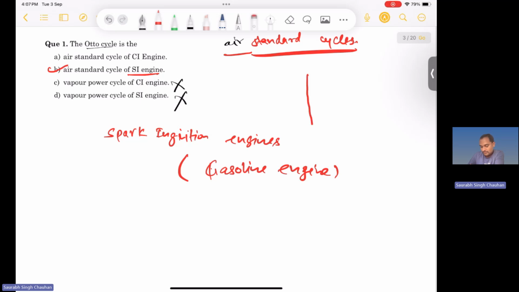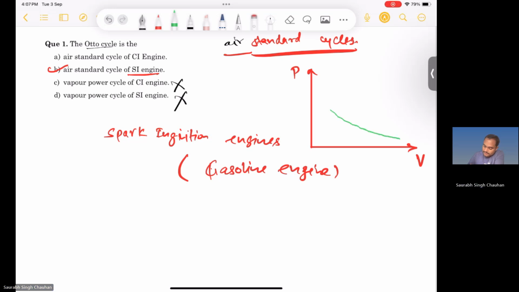If I try to make a PV diagram for the Otto cycle, it will look something like this. This is our PV diagram. First there will be adiabatic or isentropic compression.